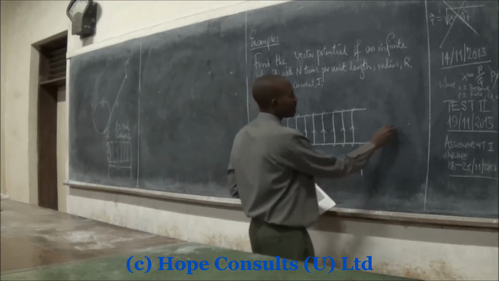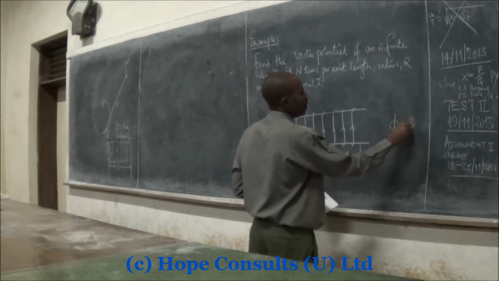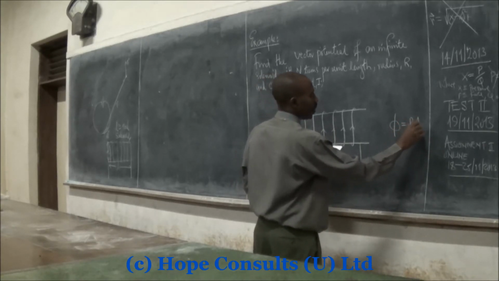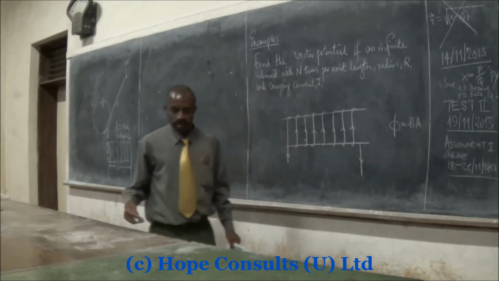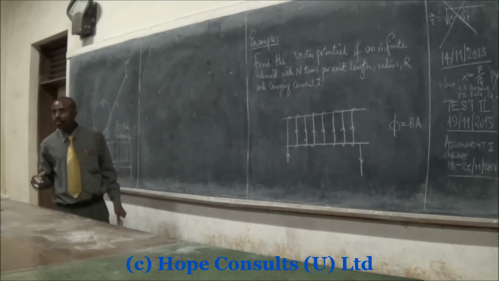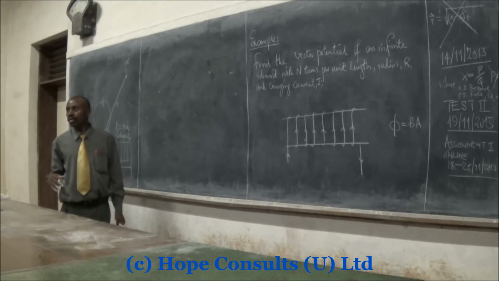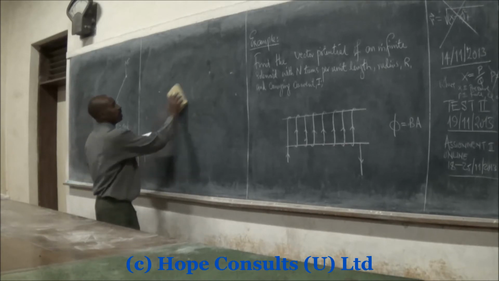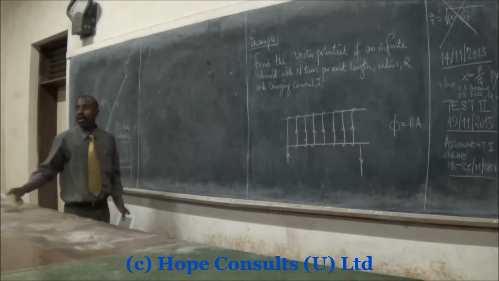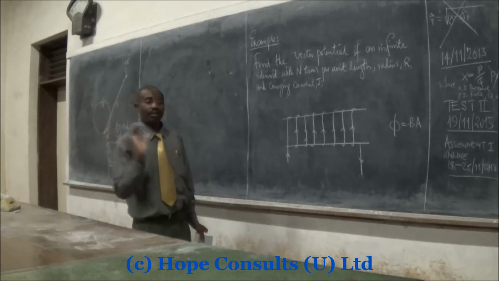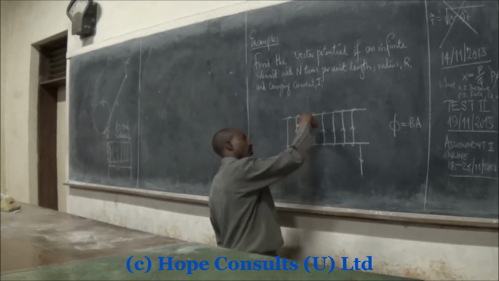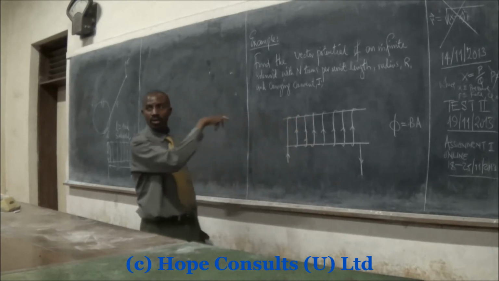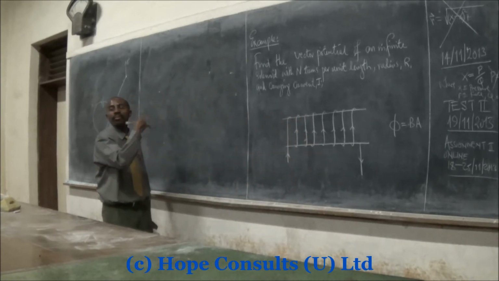So the flux is equal to B times A, which is area. Why is it equal to BA? If I curl my fingers in the direction of the current, the field will be along the thumb.